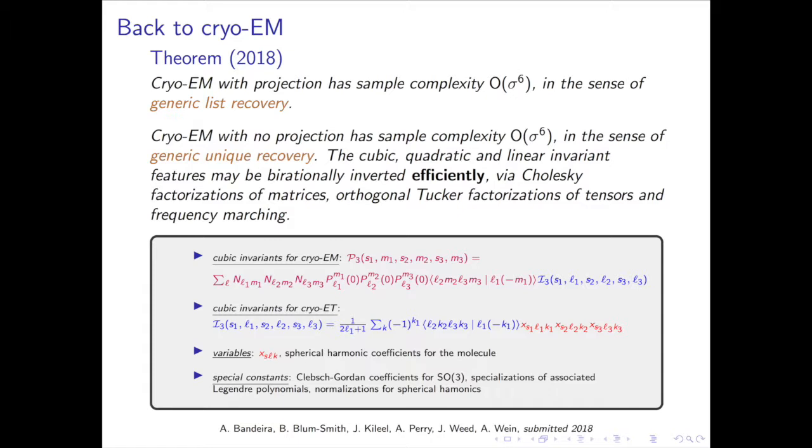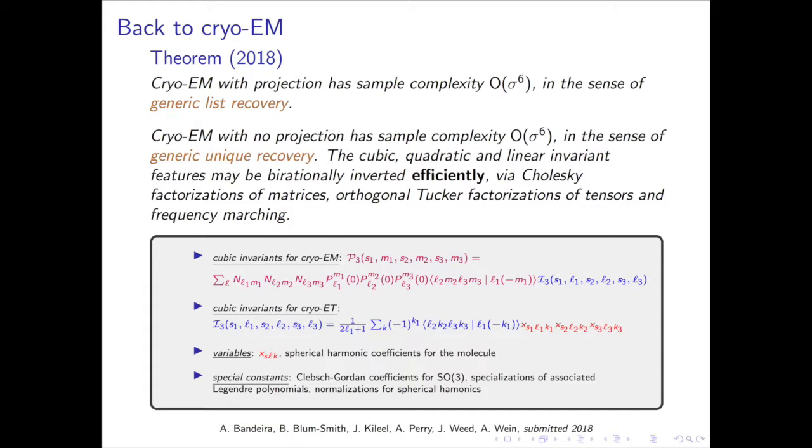Okay, so I'm showing you here what the actual invariants are. The second bullet from the top, these are the invariants for cryo with no projection. The variables here are the x's, and they're triply indexed somehow or another. Then you've got some complicated coefficients in these cubic invariants.